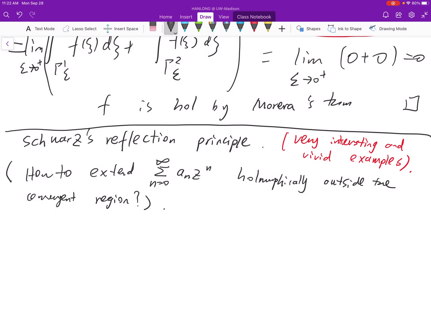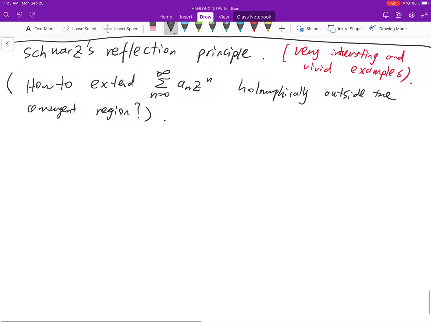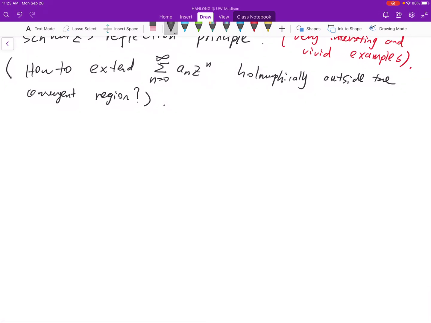Later on, when we study special functions, gamma functions, zeta functions, we will give you some examples of how we extend holomorphic functions starting from a power series. So here we give another geometric way as follows. Suppose you have a domain crossing the real number line. Let's use a different color, gamma.